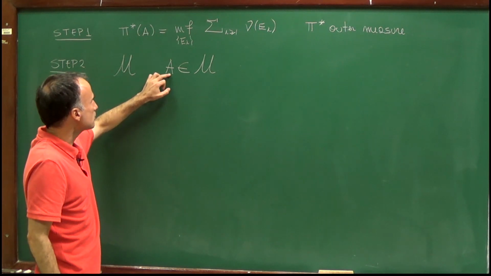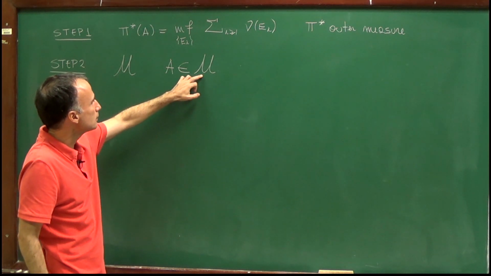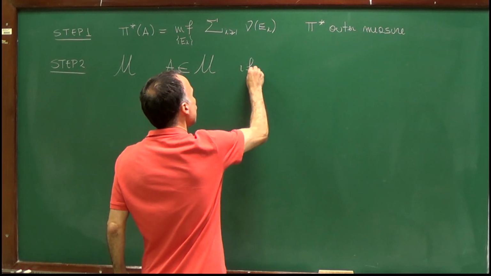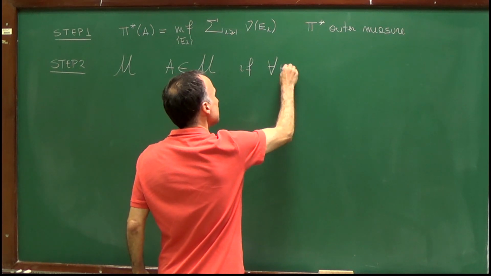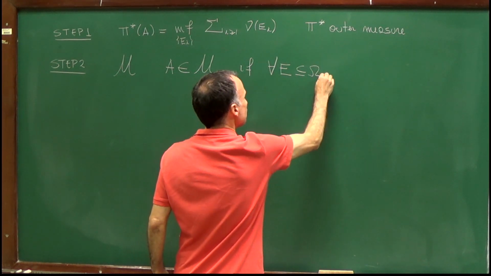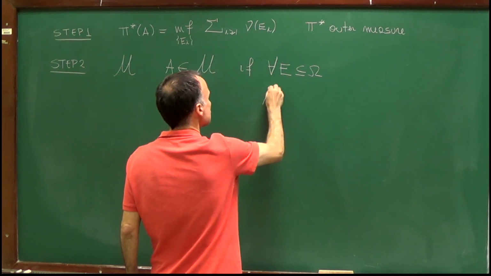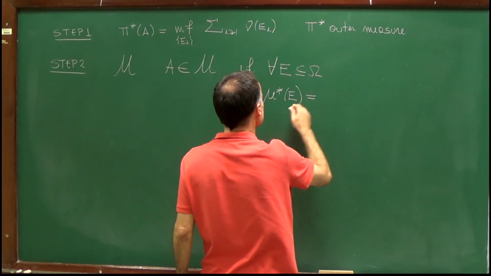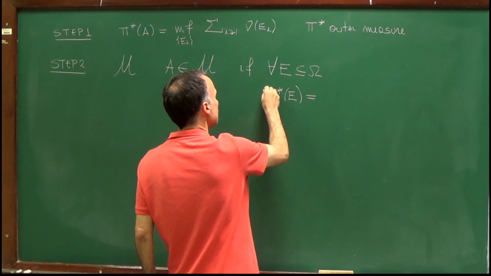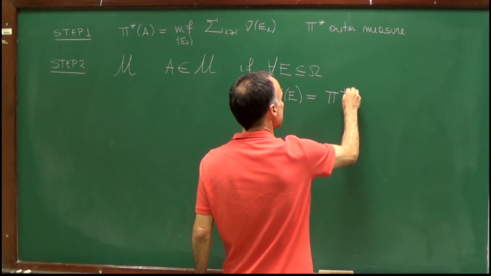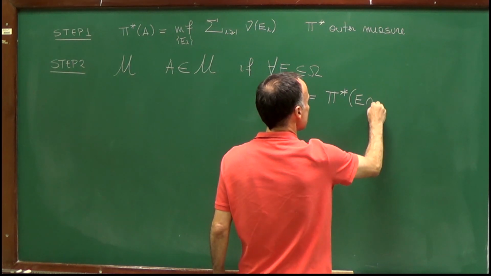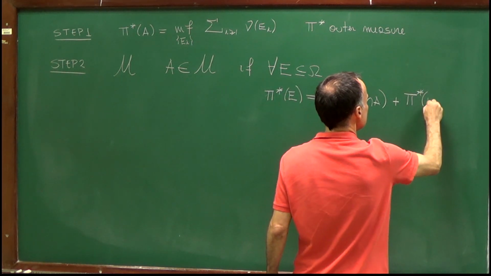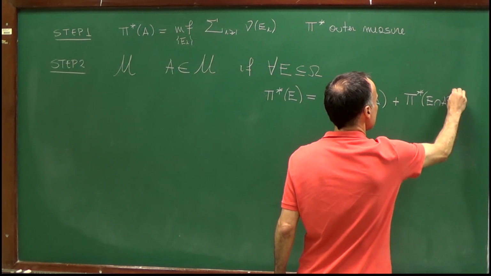I'll say that a subset A of Omega is in the class M, is measurable, if for all subsets E of Omega, we have that P star of E is equal to P star of E intersection A plus P star of E intersection A complement.